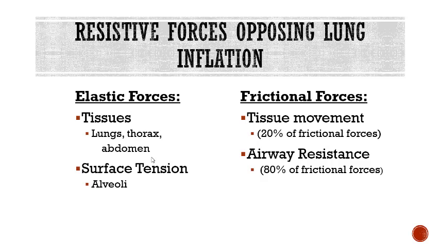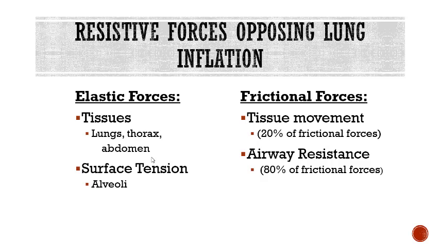If you can envision a patient who is, let's say, 8 months pregnant, laying back flat, and think about how the weight of her abdomen would make it much more difficult for her lungs to inflate and to open. That would be considered an elastic force, that pressure coming down on her lungs, making it more difficult for them to open all the way. So those are your tissues that comprise your elastic forces.